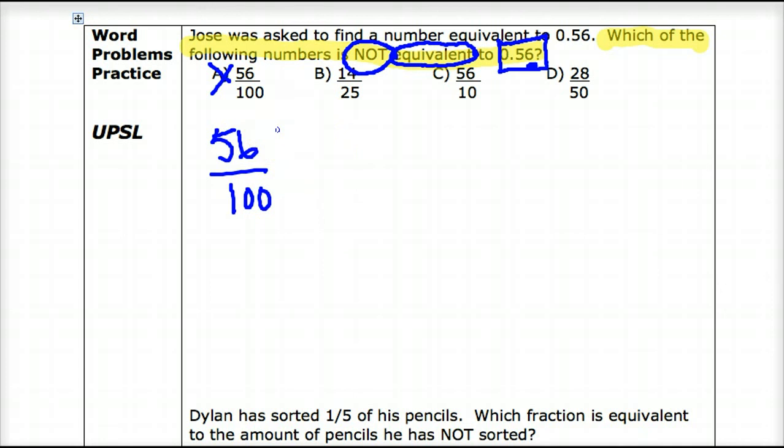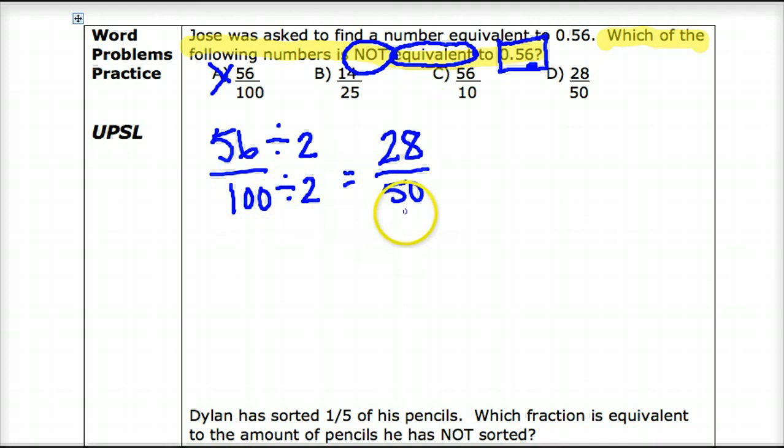Now, we need to find which fractions are not equal. We know that we can multiply by the same number on top and bottom, and we can also divide by the same number. So say we divide by 2 on top and bottom. 56 divided by 2 would give us 28, and 100 divided by 2 gives us 50.